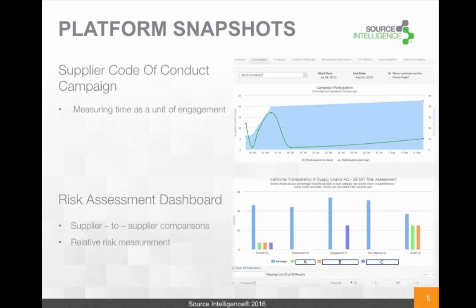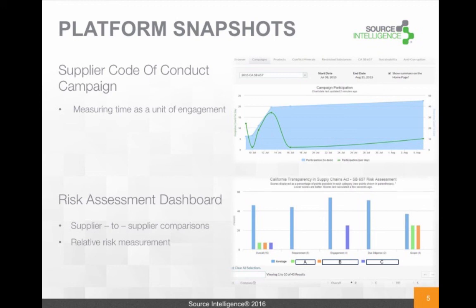So if we look now at that lower chart, this displays supplier engagement from a different perspective. The Source Intelligence platform allows you to perform a supplier-to-supplier comparison. So you can set an average supplier as your benchmark and then measure other suppliers against that benchmark via a side-to-side comparison.